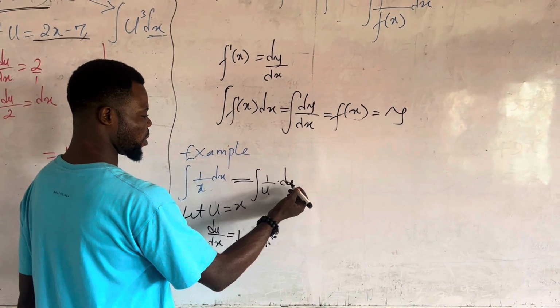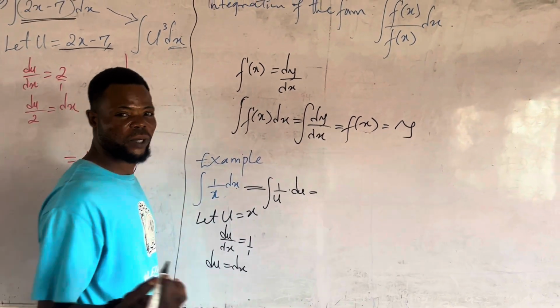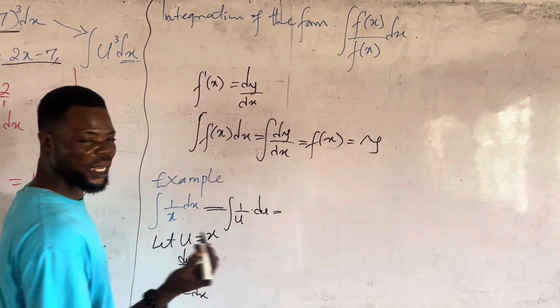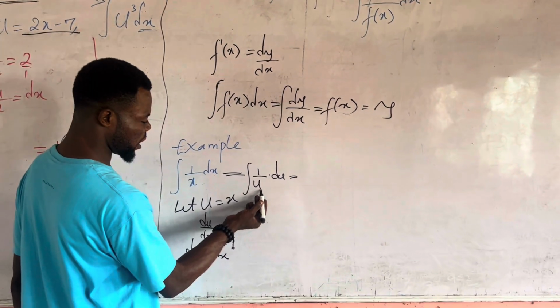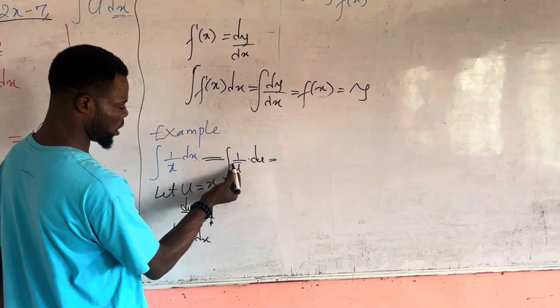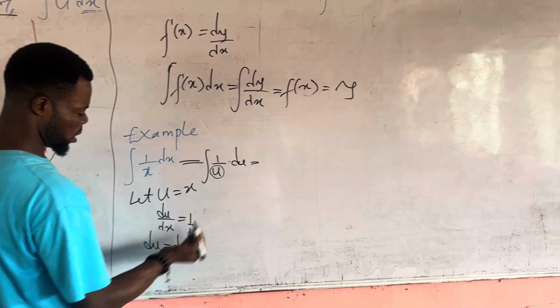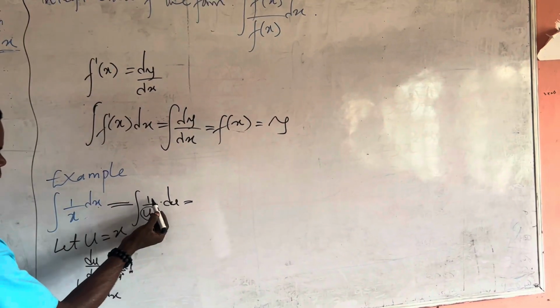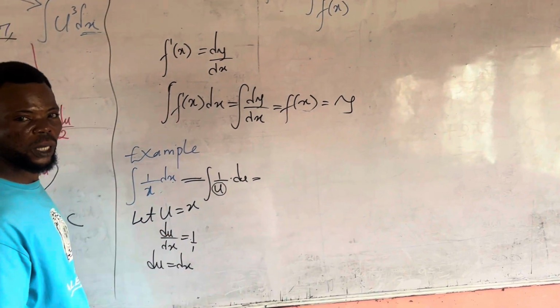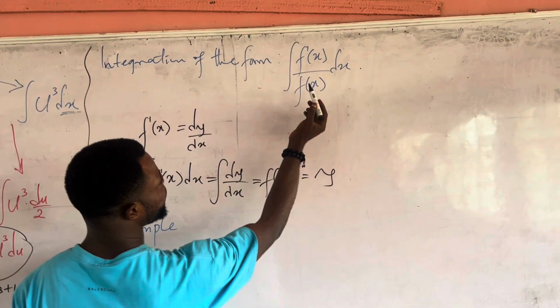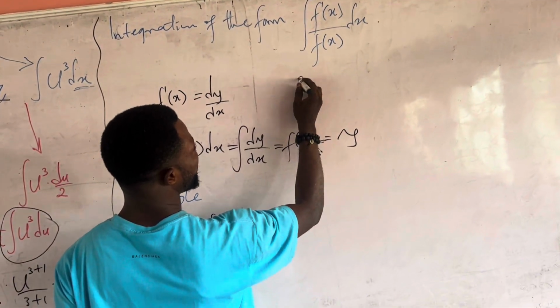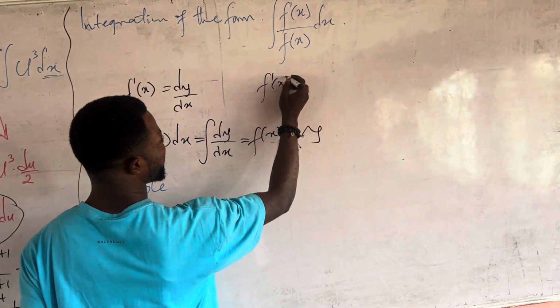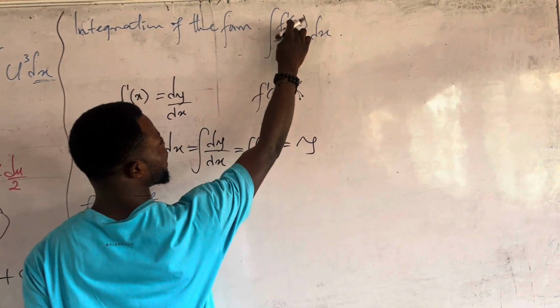So instead of wasting our energy, we are actually saying if we differentiate the denominator, we are going to have 1. And what is the numerator? It is 1. If we differentiate the denominator, we get f prime of x, which is the same thing as the numerator.